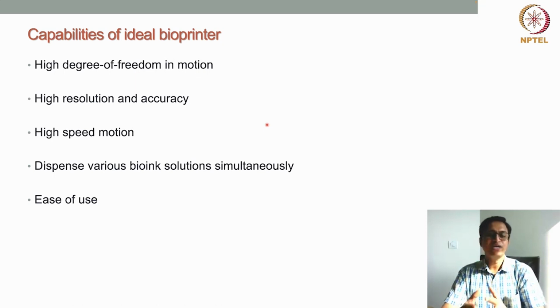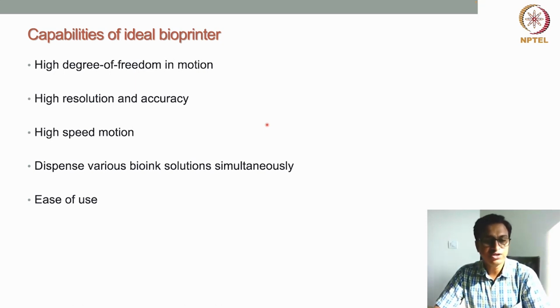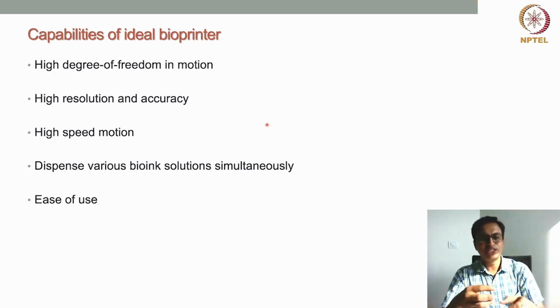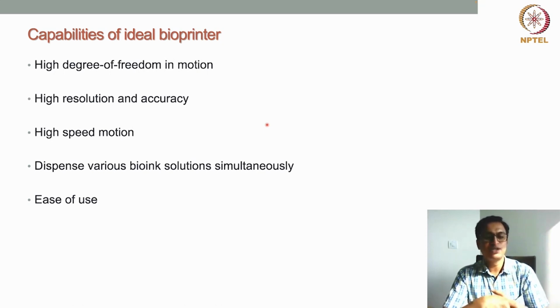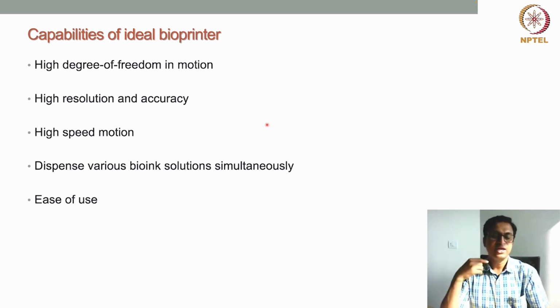So if I want to create multicellular constructs, I should have the capability of dispensing different bioinks, more than two types. Suppose I want to print three different cell types in particular locations. I should be able to dispense three different bioinks containing different cell types simultaneously to print a multicellular construct. So that is another thing.